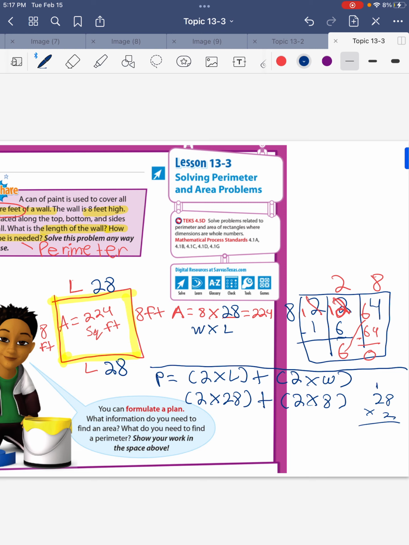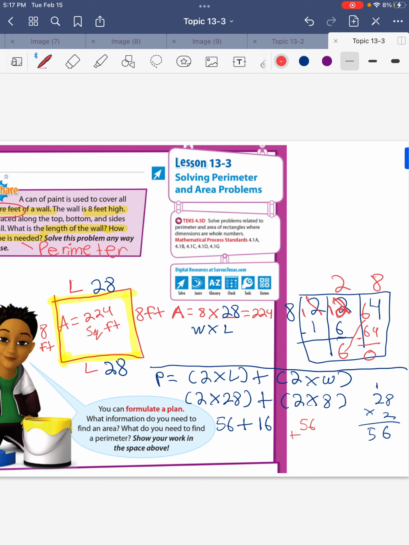Bring up my 1. Bring down my 2. 2 times 2 is 4, plus 1 is 5. So I know this is 56. Plus 2 times 8 is 16. Okay? So now I have to add them.